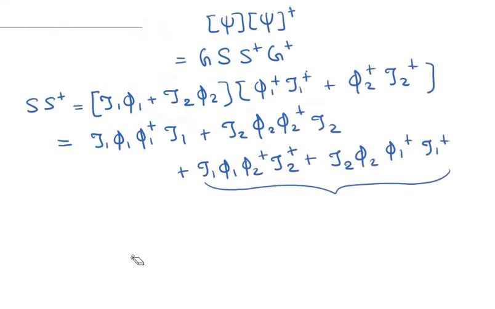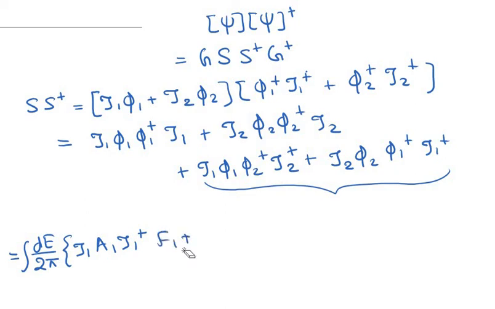Okay, so these two terms I can readily write as the integral dE divided by 2 pi, then tau 1 A1 tau 1 dagger F1 plus tau 2 A2 tau 2 dagger F2.